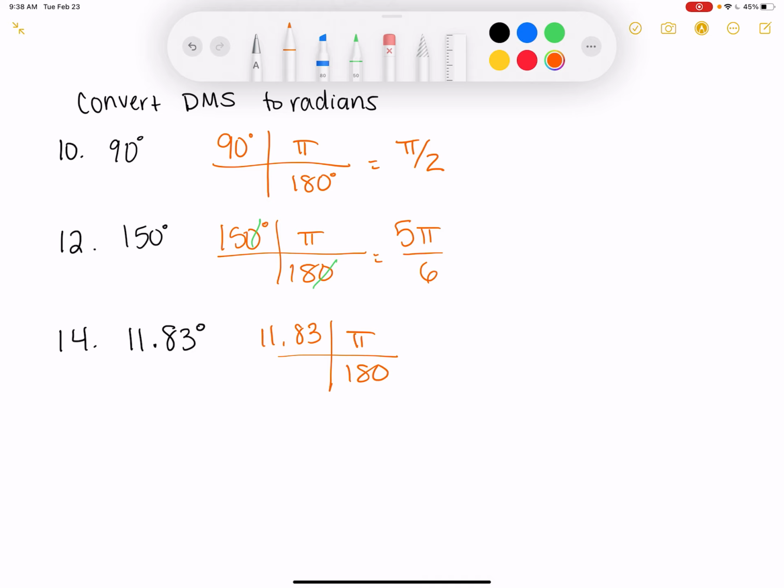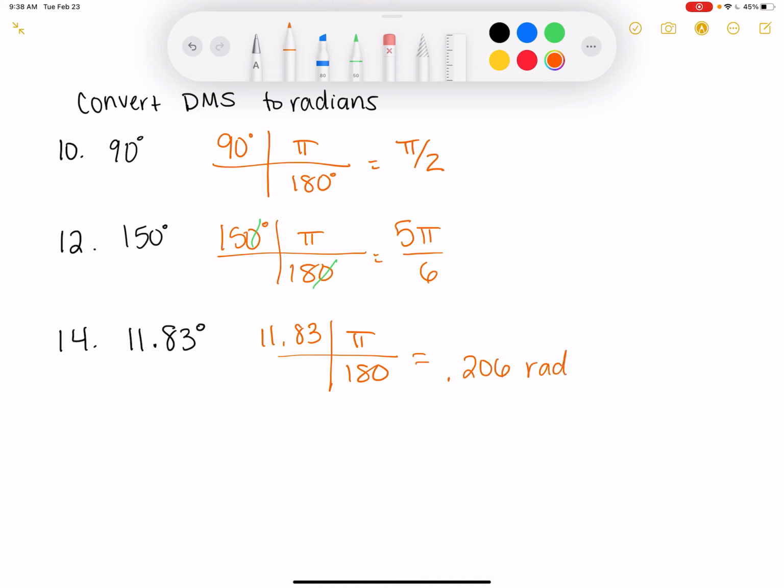Okay, in this case, because this has a decimal in here and this isn't like a known angle, like technically 150 is like a known angle, we're going to multiply the pi through with these ones. So you should have a decimal answer when you're done. 0.206.